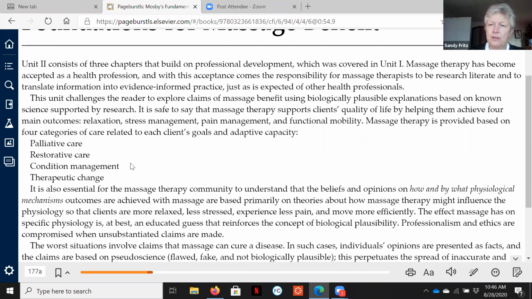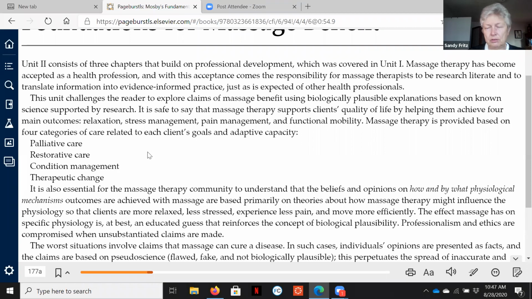And so both on a physical and a mental, emotional level, trying to keep that contained is kind of like laundry, you have to keep doing it over and over and over. And this is the category of care that massage, palliative, restorative, and condition management, this is the area where we thrive. This is where we have the most to offer people.